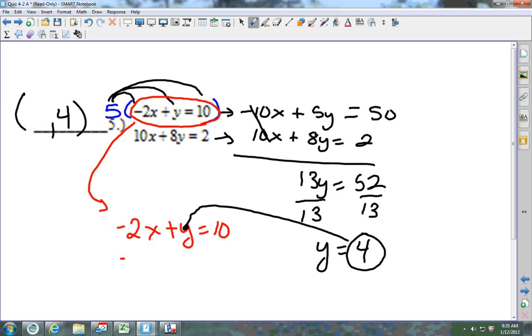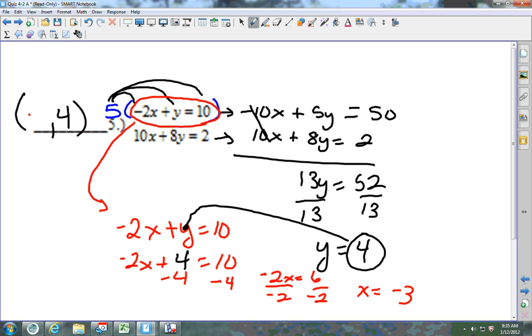So I have negative 2x plus 4, because there's no number in front of that y, so I can just substitute it in, equals 10. Subtract 4 from each side. Negative 2x equals 6. Divide by negative 2. X equals negative 3. Your answer should be negative 3, 4.